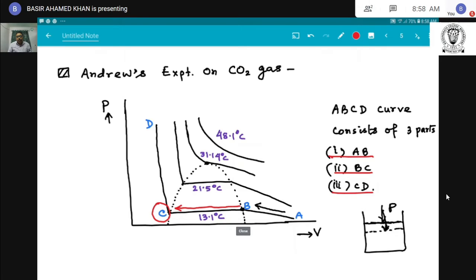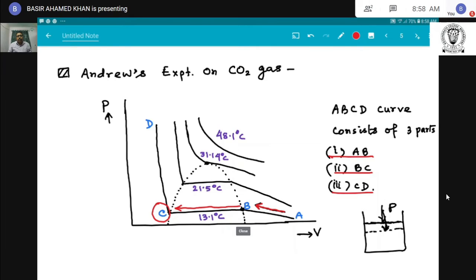If I start from A to B, going through this line, we see that the pressure of the gas increases and volume decreases, as is usual and expected. That means if we increase the pressure, the volume of the gas decreases.